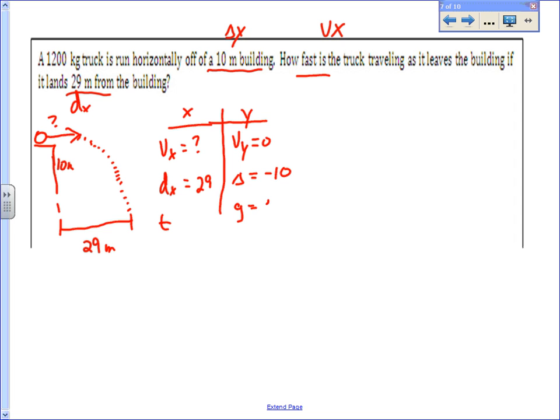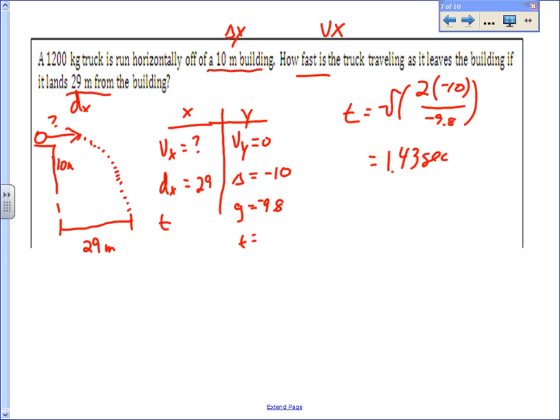My g is negative 9.8. And I'll solve for t. So t equals the square root of 2 times negative 10 divided by negative 9.8. And that will be 1.43 seconds. So it's in the air for 1.43 seconds.